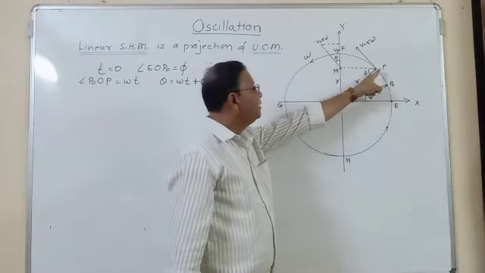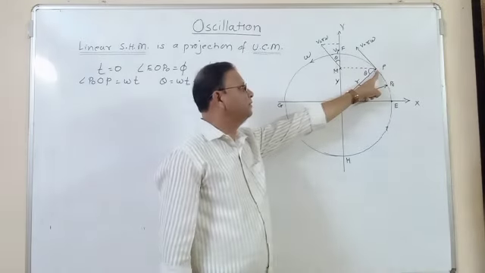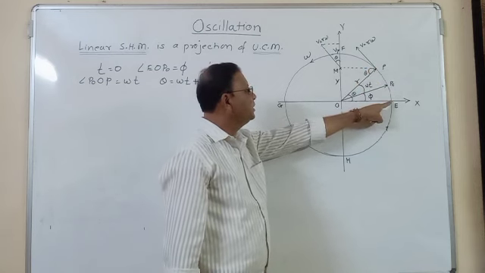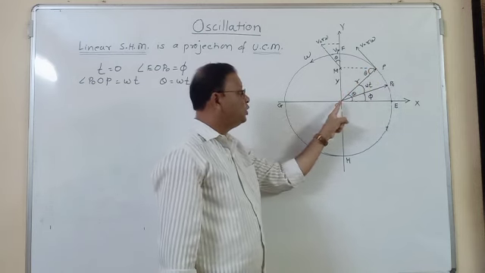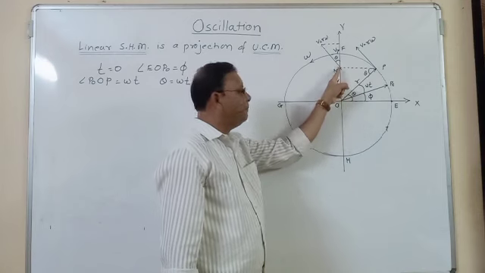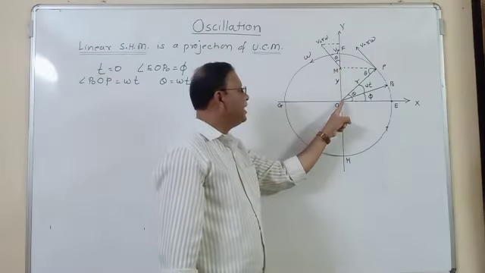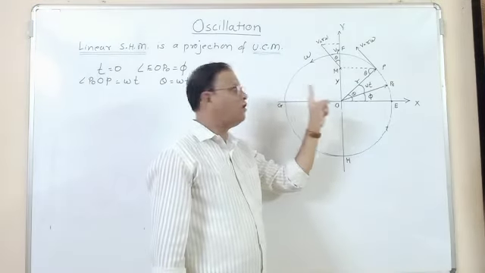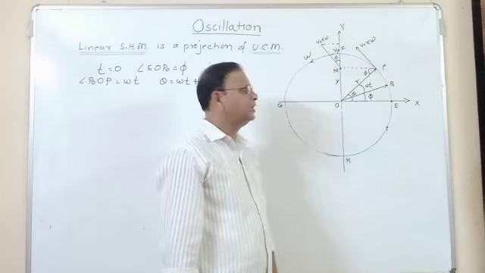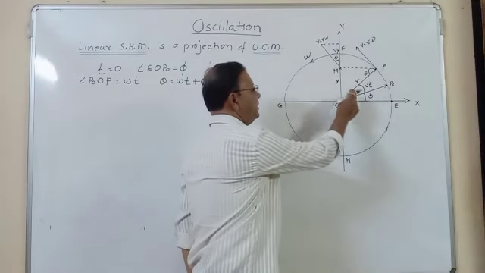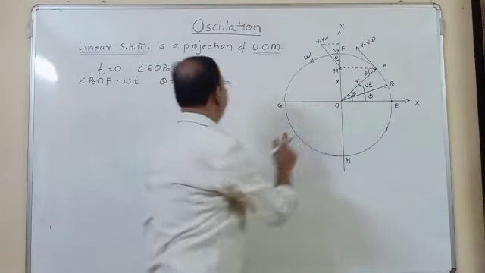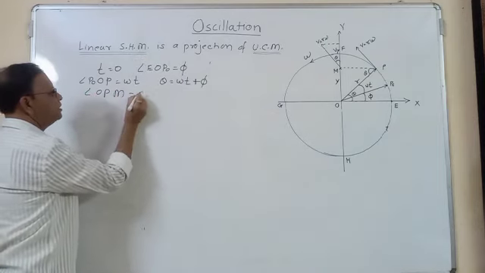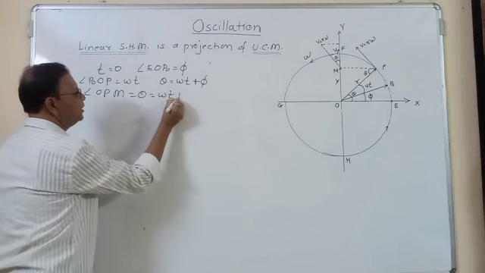Now the particle is at point P after time t, and therefore when the particle moves from E to P, its projection moves from O to M. Therefore we can say that OM is the displacement of the projection of this particle. As this angle is theta, the angle OPM is also equal to theta, which is omega t plus phi.